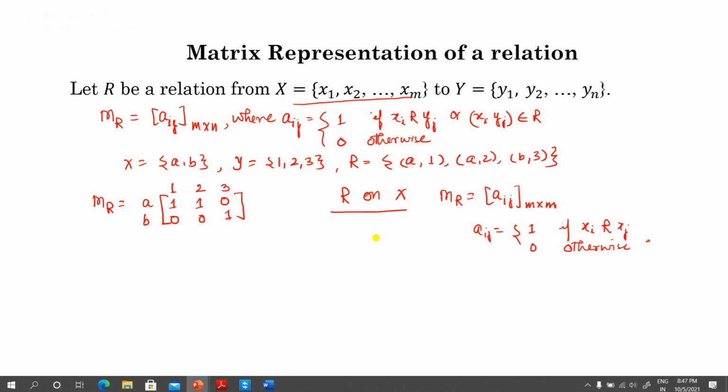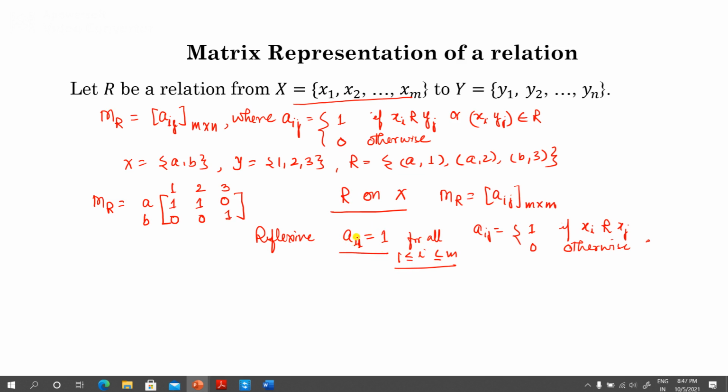How can we check it? For reflexive, you know (x, x) must belong to relation R. So if aii equal to 1 for all i, where i is between 1 and m, then you will say the relation is reflexive.